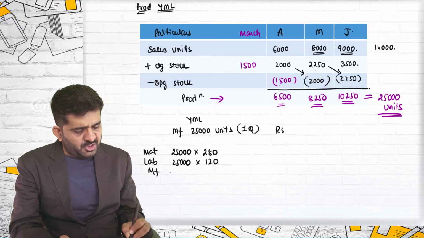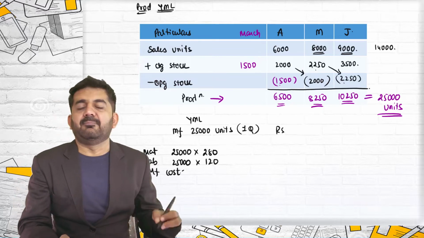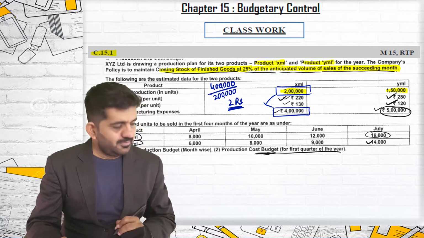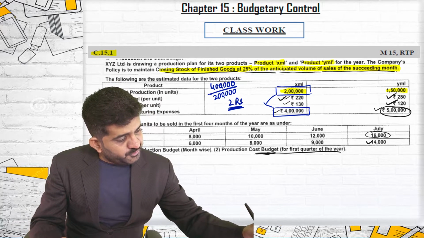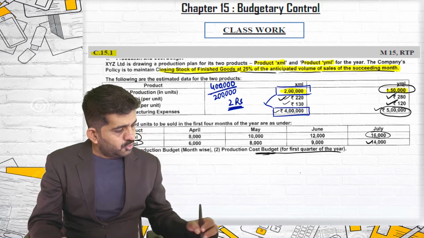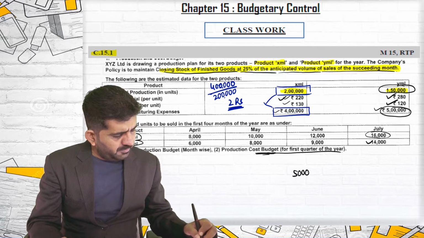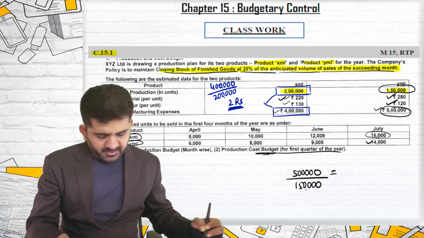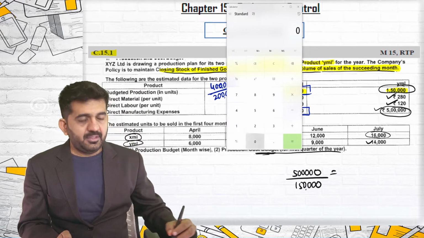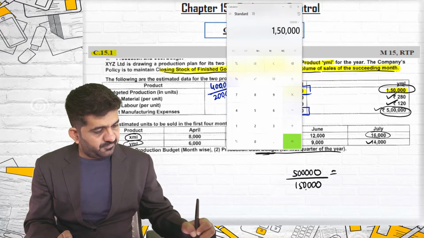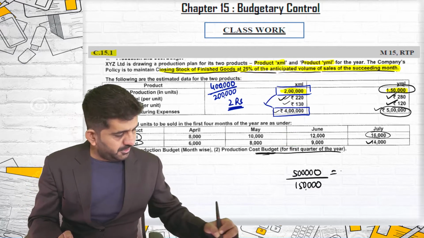And manufacturing cost I'll be finding out in the same manner. Total cost is 5 lakhs. Number of units to be manufactured in a year is 1,50,000. So my cost per unit will be 5 lakh divided by 1,50,000, which is 3.33.